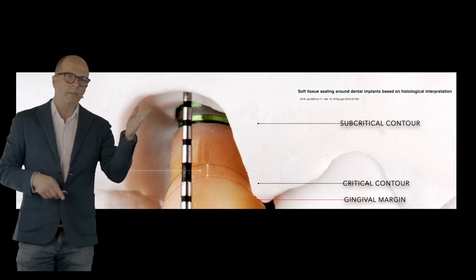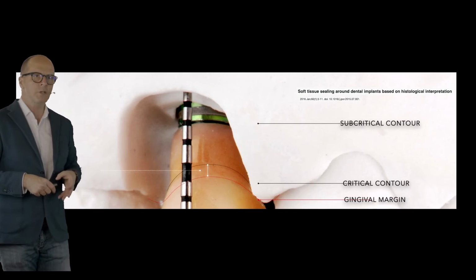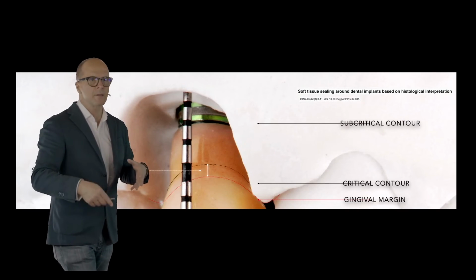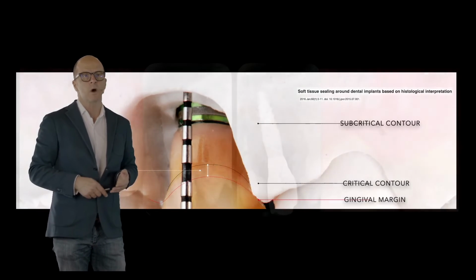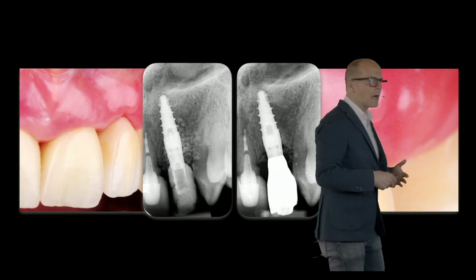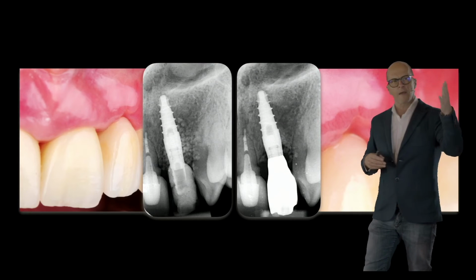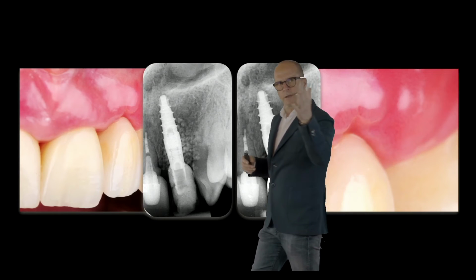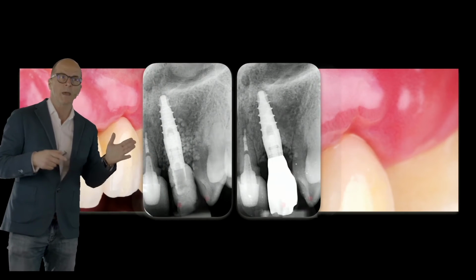At this stage, we know that we can manipulate the soft tissue, reshaping the subcritical contour and the critical contour as many times as we want without harming the quality of bone or the quality of the soft tissue. So from the provisional to the final outcome, this is what we can achieve with ease and predictability.